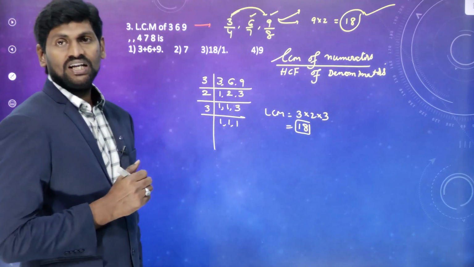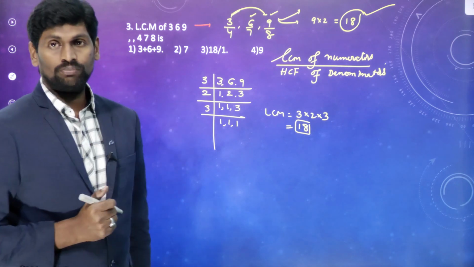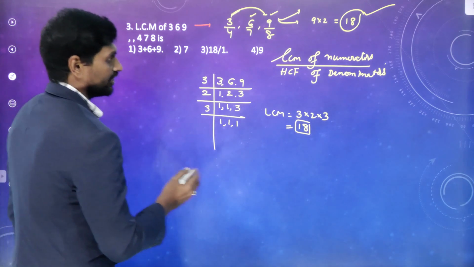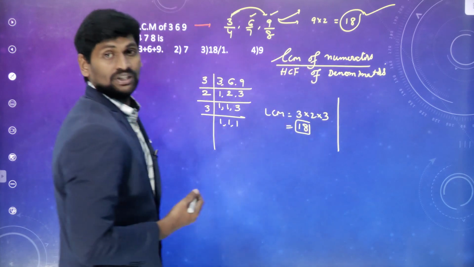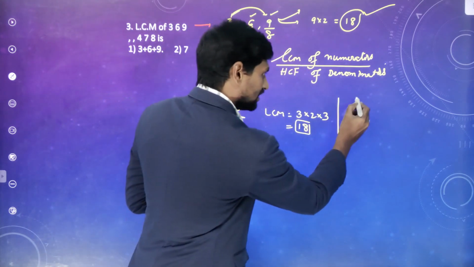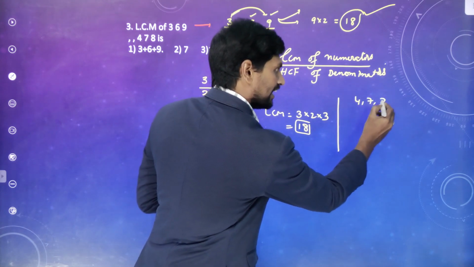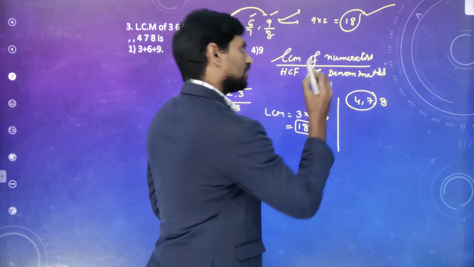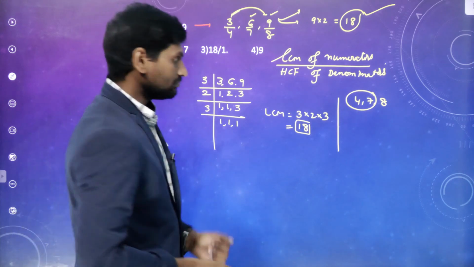Now let us find the HCF of denominators. What are the denominators here? 4, 7 and 8. Let us find the HCF of first two numbers.